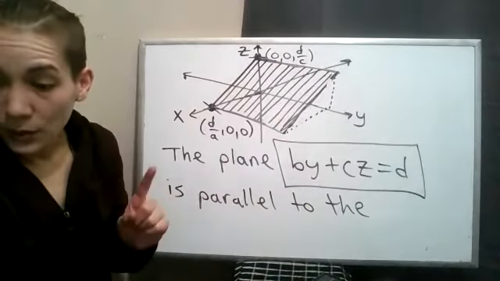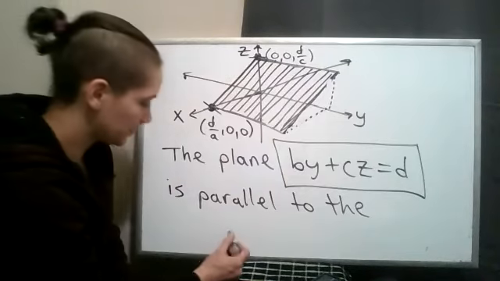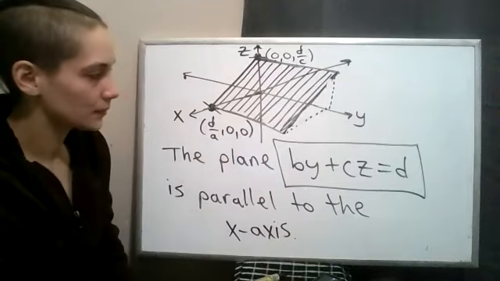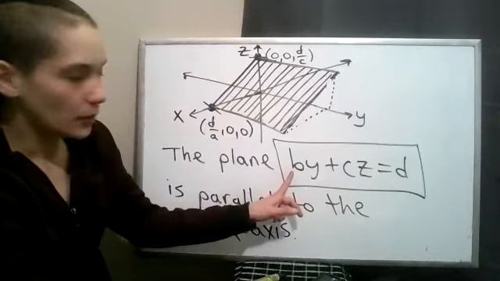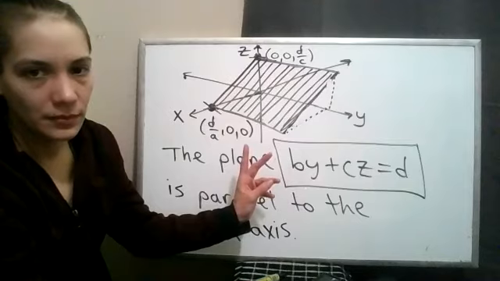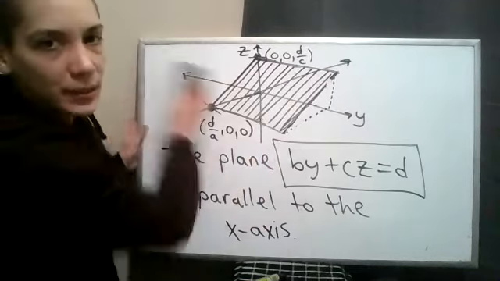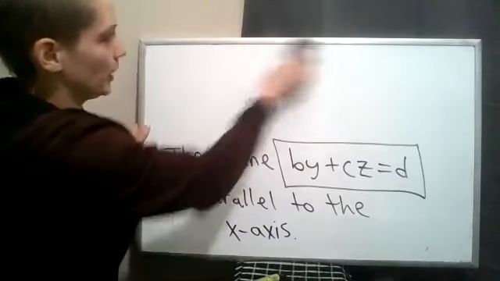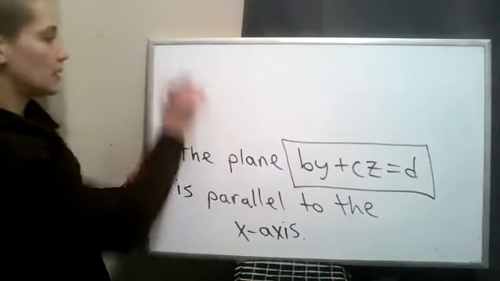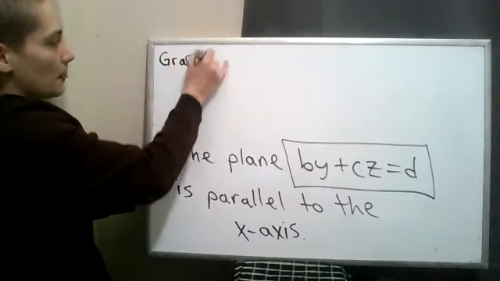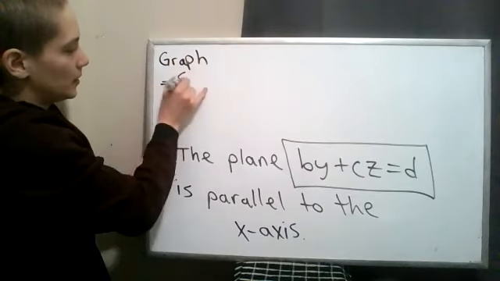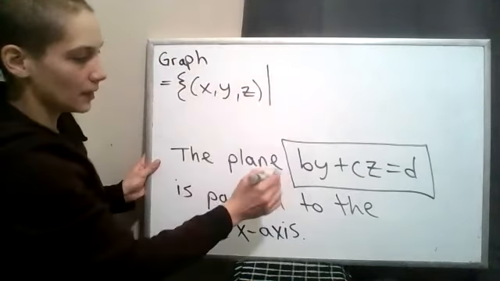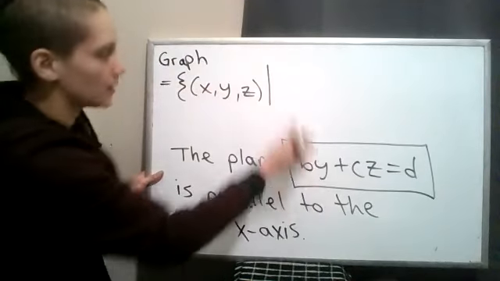Okay, this one's parallel to the x-axis. So let's write the graph. I'm just going to skip it, but it's important. So the graph would be all triplets, not pairs. We need an x and a y and a z, such that by + cz = d.